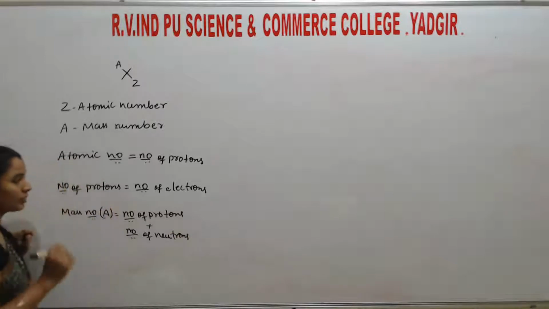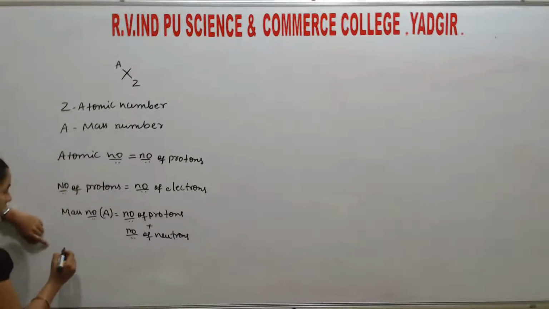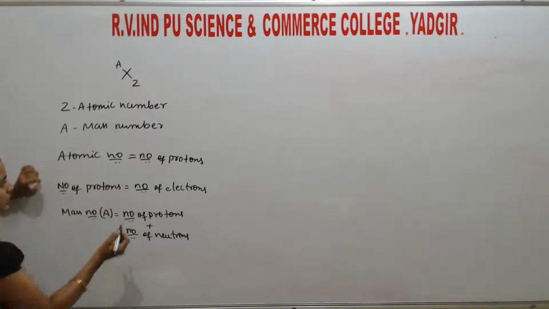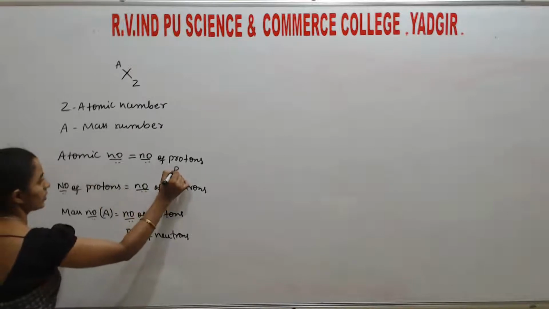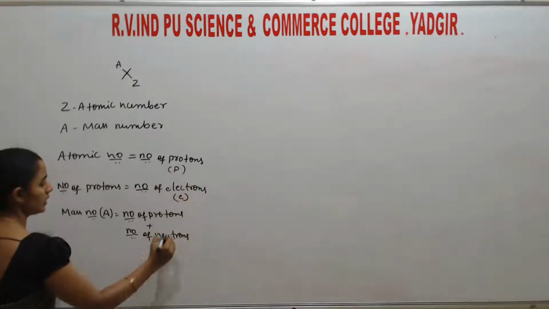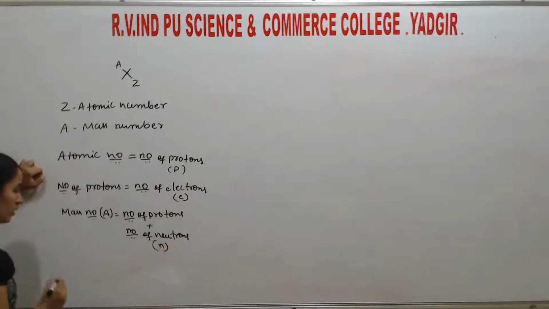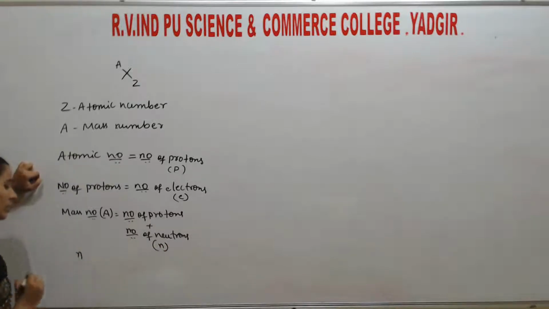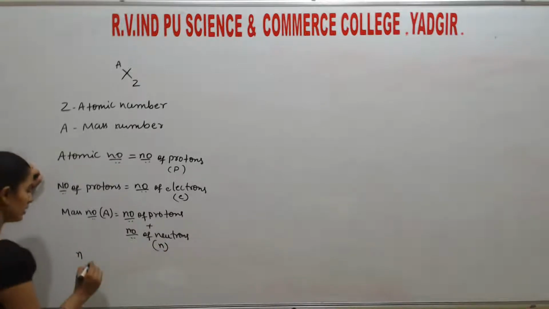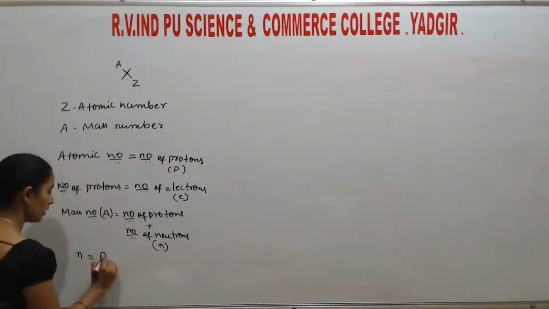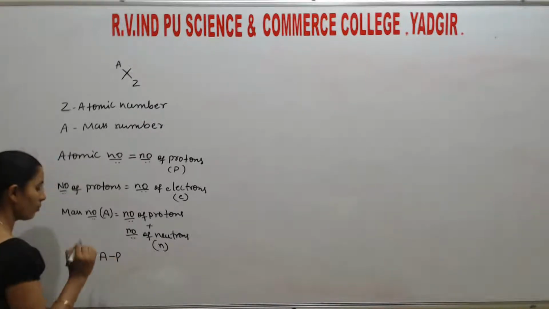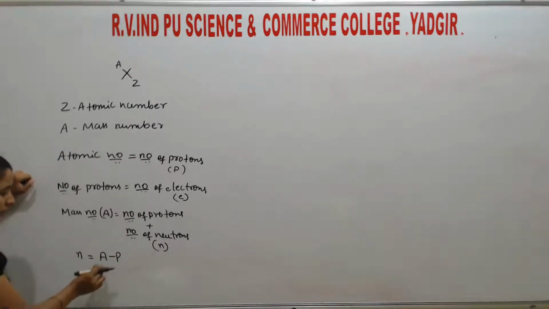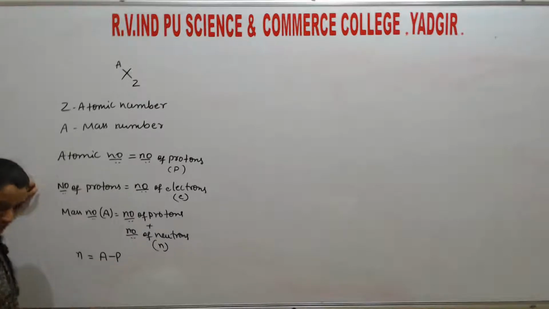So students, if you want to calculate the number of protons, I told you protons is denoted by P, electrons by E, neutrons by N. If you want to calculate the number of neutrons, then this is taken as what? A minus number of protons. Because atomic mass is the sum of what?